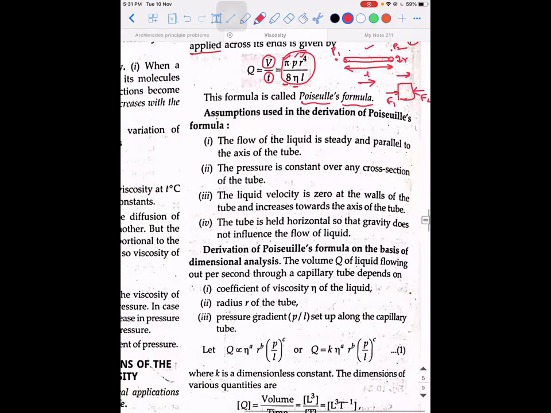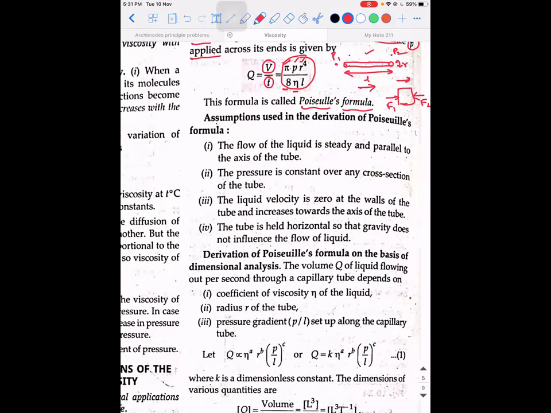Right. So next we are going to see what are the assumptions under which this Poiseuille's formula is actually derived. So what are the assumptions used in the derivation of Poiseuille's formula? The first one is the flow of the liquid is supposed to be steady and parallel to the axis of the tube. So you know what is the axis of the tube?